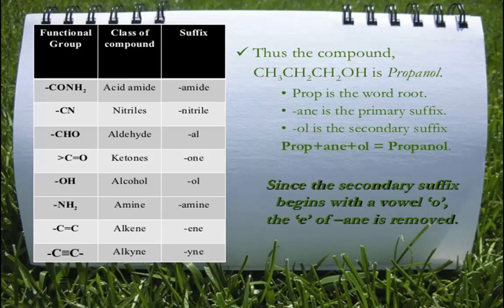If you take an example, see here, this is the structure of propanol, CH3, CH2, CH2, OH. Is it right? Yes, it contains 1, 2, 3 carbon atoms. Therefore, prop is used. An OH group is present here, and if an OH group is present, the name ends with ol.